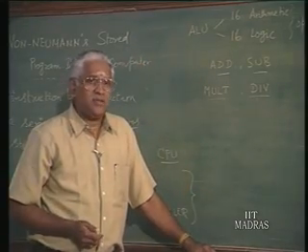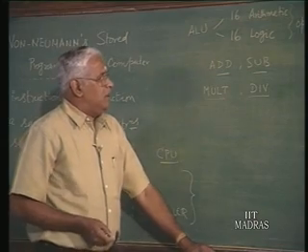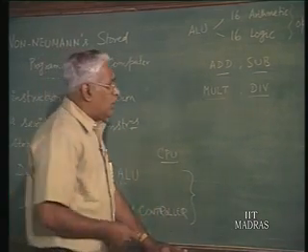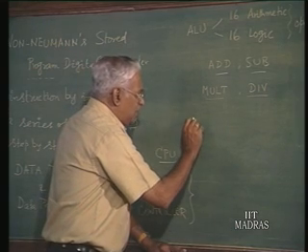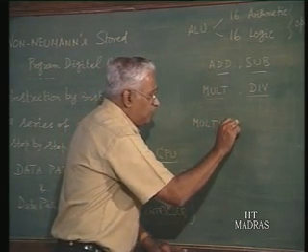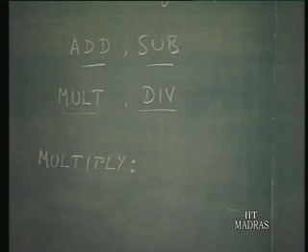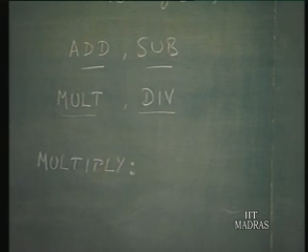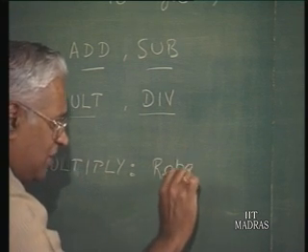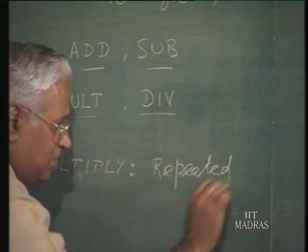Okay. You might say that, but then is it always necessary? No, mainly because for instance multiply can always be carried out with some series of additions, is it not? Which means multiply can be carried out with repeated additions. Okay.